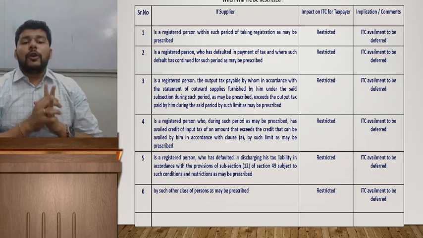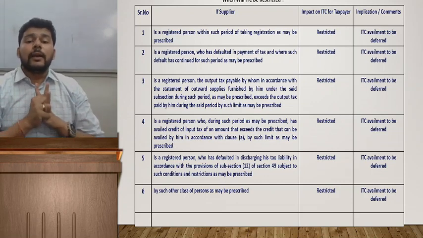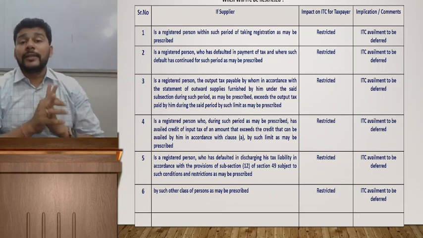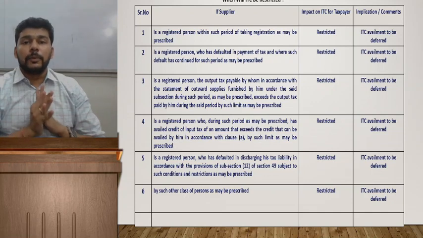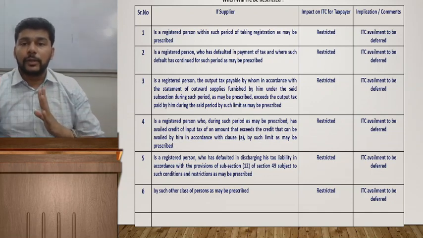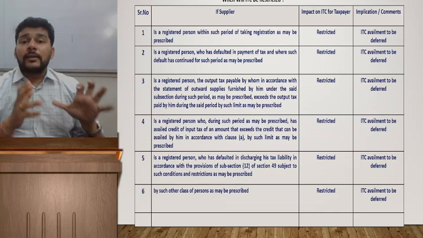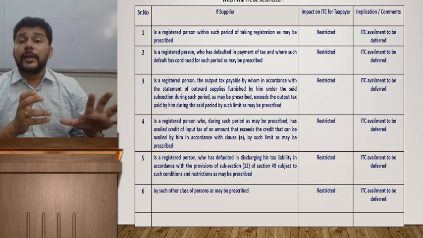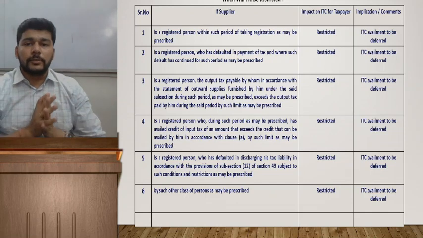If that default has continued, then his outward supplies to me will be considered restricted for the purpose of input tax credit, and I'll have to again defer the availment of input tax credit. So for me, A's excessive availment of input tax credit is also a challenge.